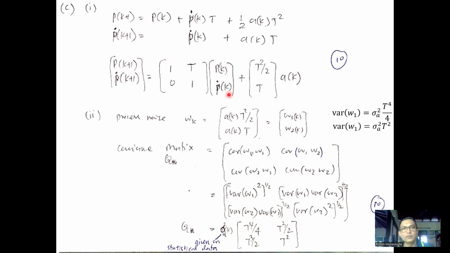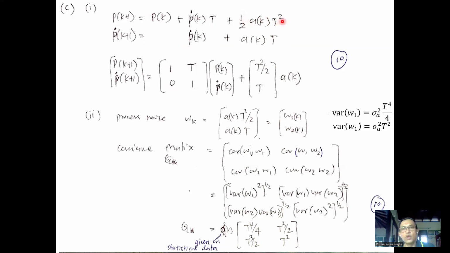Okay. So from the first equation, you get 1 times pk and T times p dot k. So it is 1, T, the first row. And in the second equation, you don't have any pk, but there's 1 times p dot k. So it is 0, 1 in the second row. Plus, you have disturbing terms from the acceleration in both these equations.